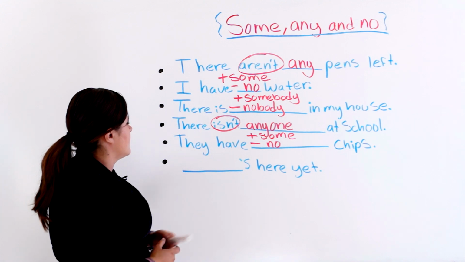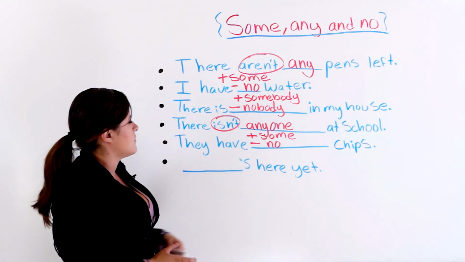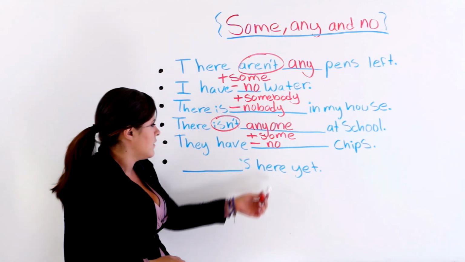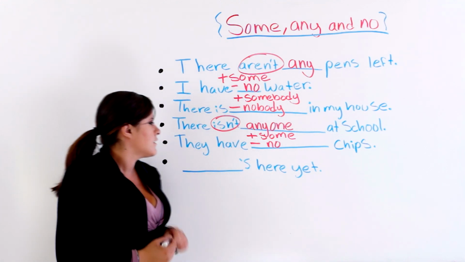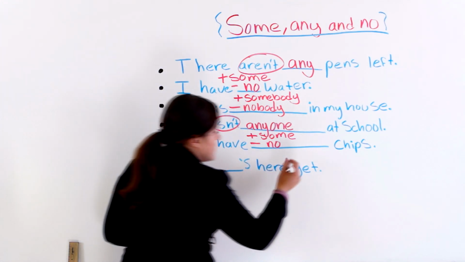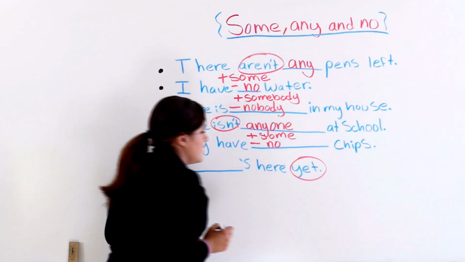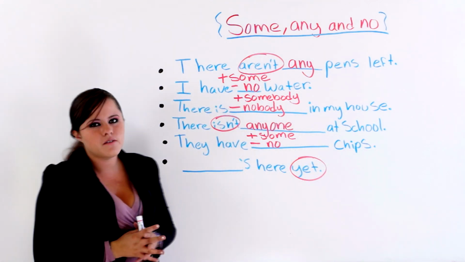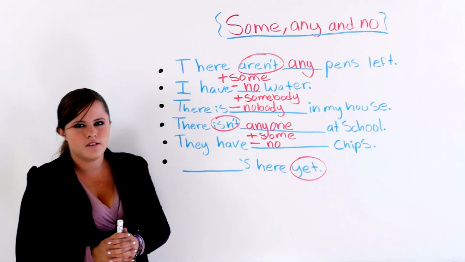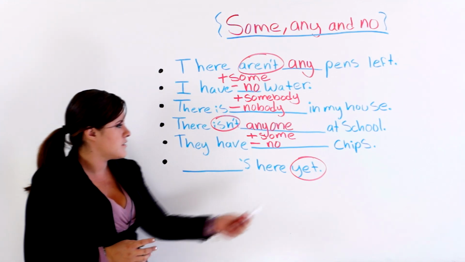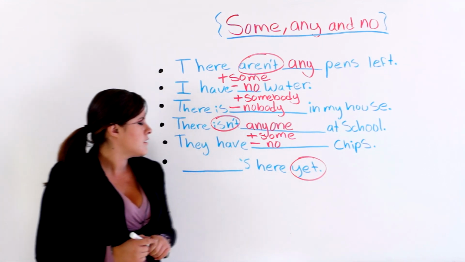Next one. We have the apostrophe and the S, so we know we're going to talk about somebody. Here, yet. But this one, what does this indicate? Yet. That it's an affirmative or negative statement? Negative, right? Because this is for unfinished business.